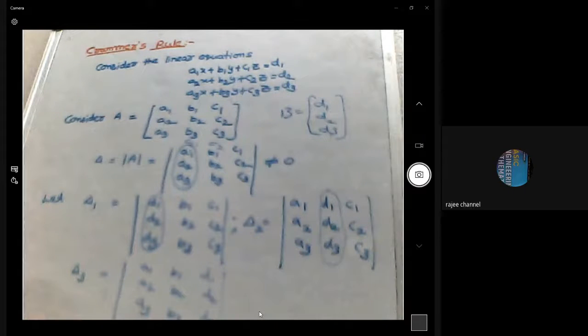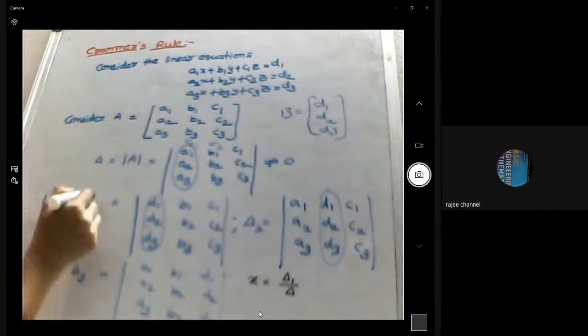Okay. So next, the x value, y value, z value we can find. The formula is x equals delta 1 by delta.